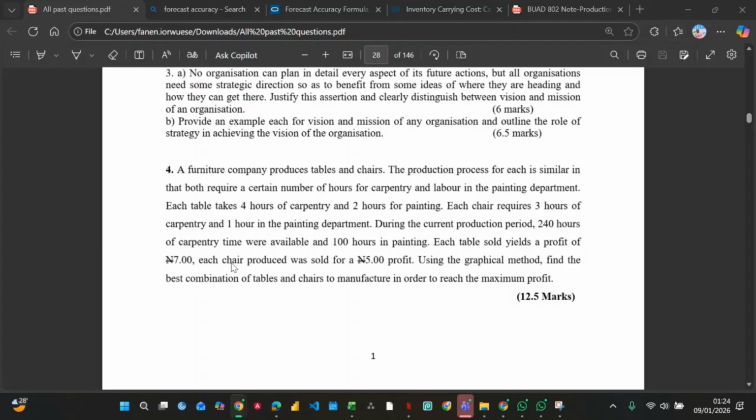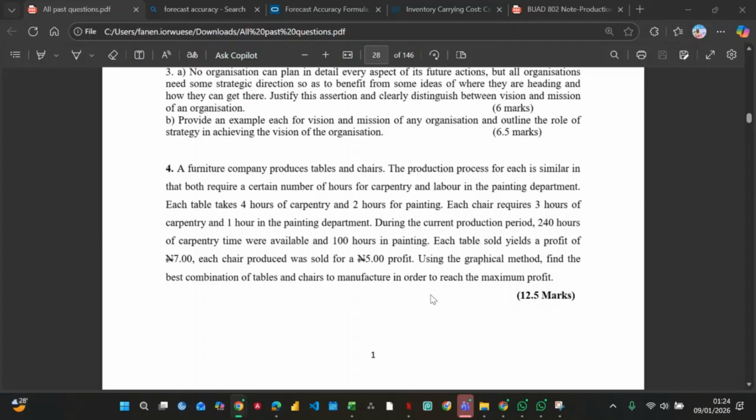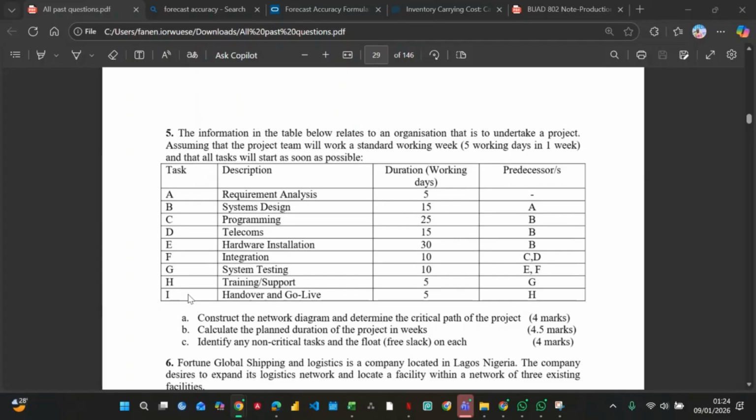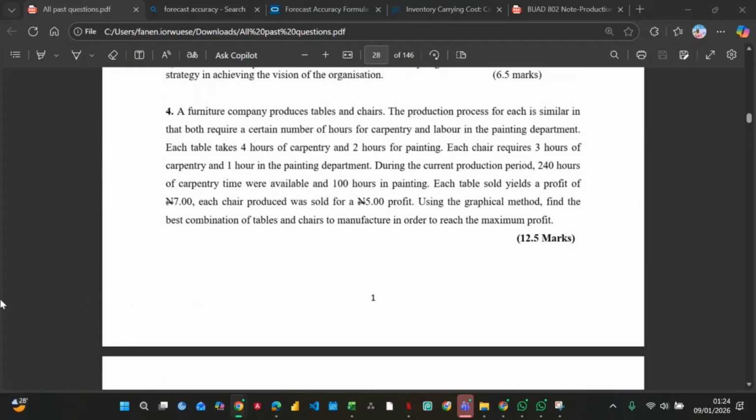Each table sold yields a profit of 7 naira. Each chair produced was sold for 15 naira profit. Now using the graphical method, find the best combination of tables and chairs to manufacture in order to reach the maximum profit. So we are looking for the maximum.